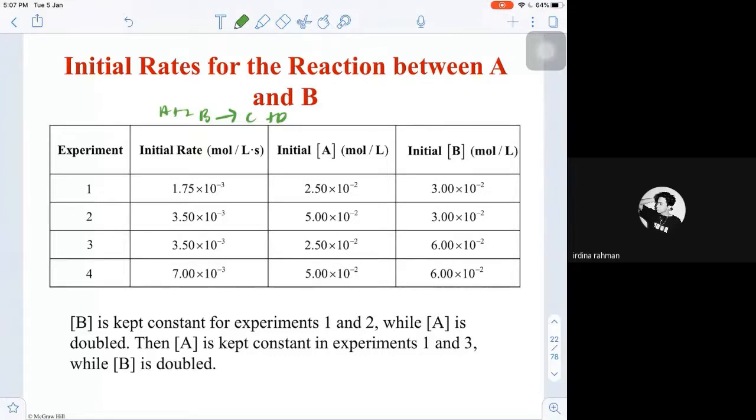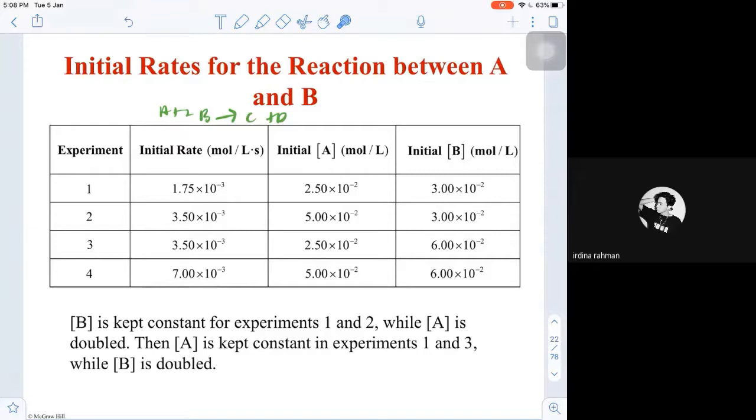So look at the data that we have in the first series of experiments. They are using the concentration of A 2.5 exponent negative 2, and the concentration of B is 3 exponent negative 2 molar, and they measured the rate of this reaction, which is 1.75 exponent negative 3 mole per liter per second. This is the rate if the concentration of A and B is this.